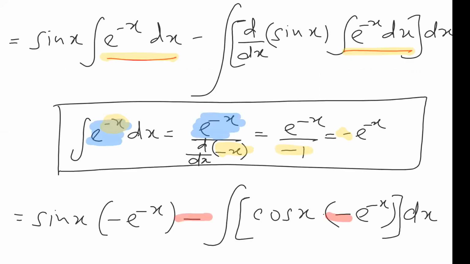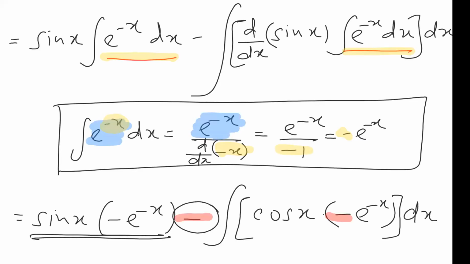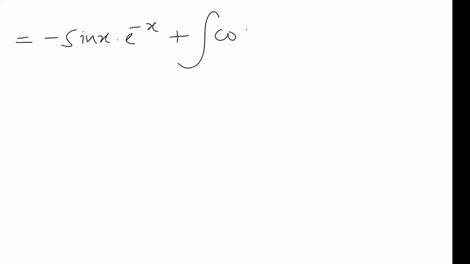Take a look at the previous step if you want. I'll write this as minus sin x e raised to minus x, and as I said, this minus and this minus multiplication will become plus integration of cos x e raised to minus x dx.